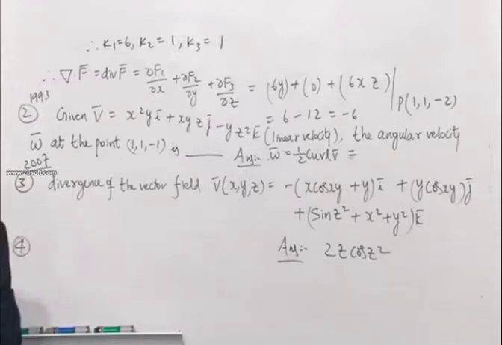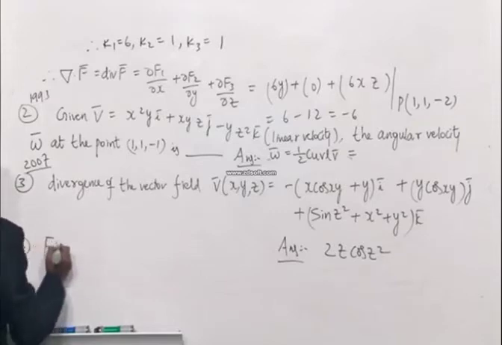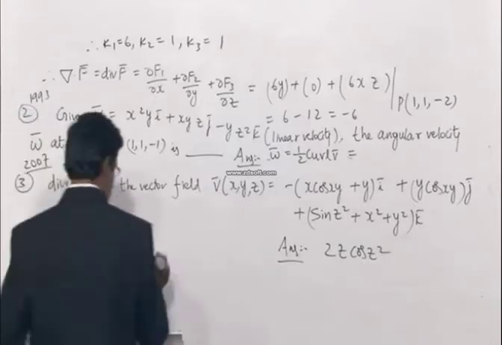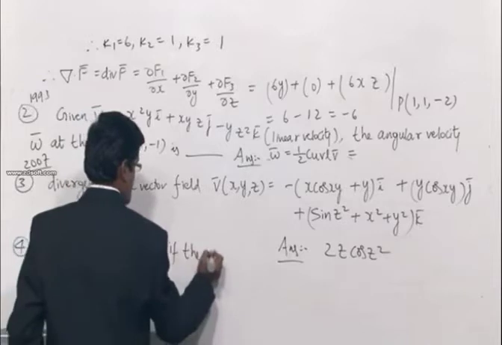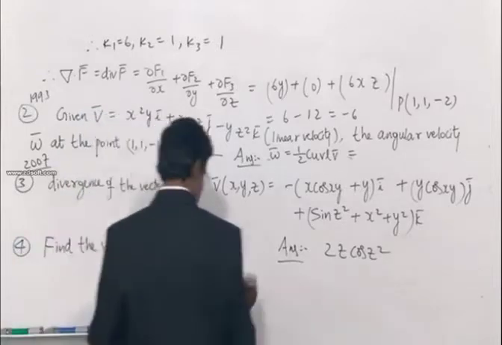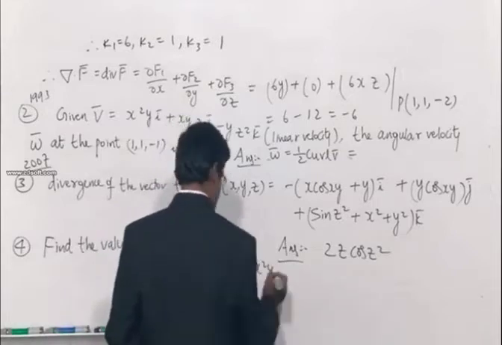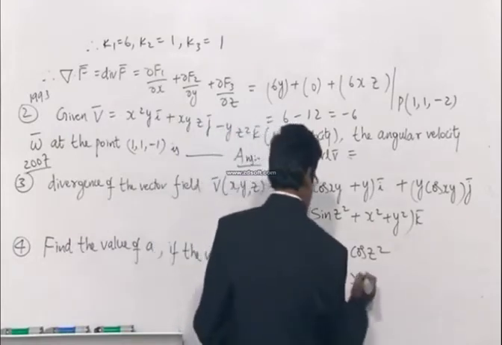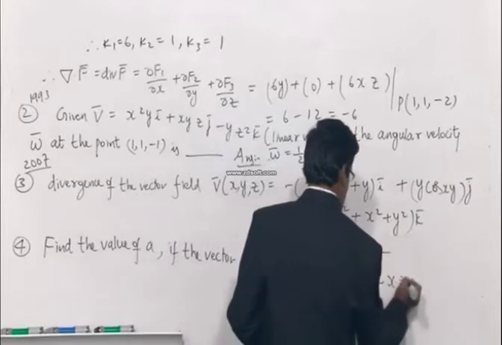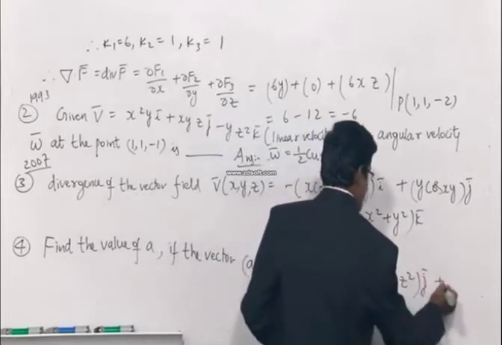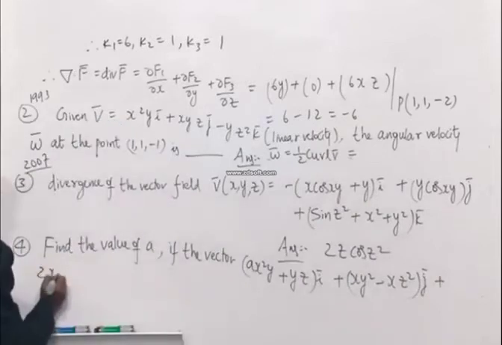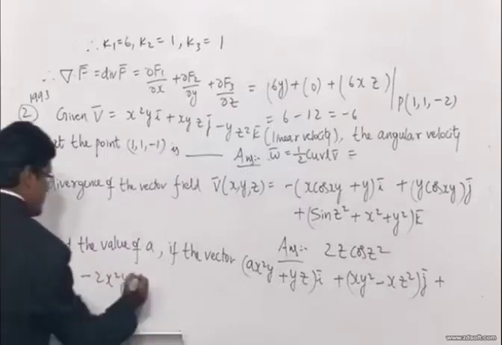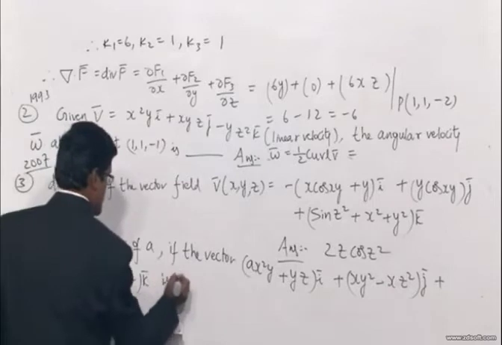Fourth one. Find the value of a, if the vector ax square y plus yz i bar plus xy square minus xz square j bar plus 2xyz minus 2x square y square k bar is solenoidal.